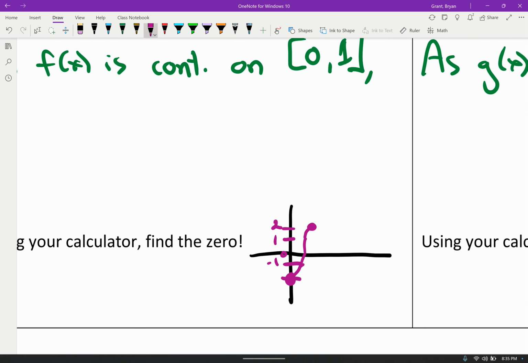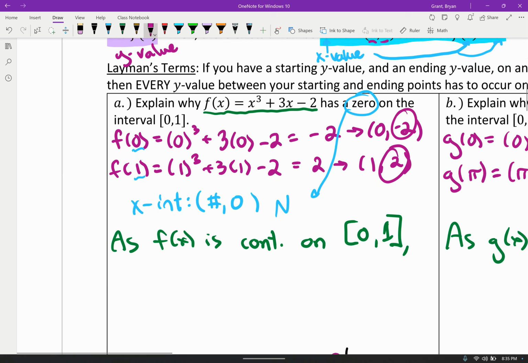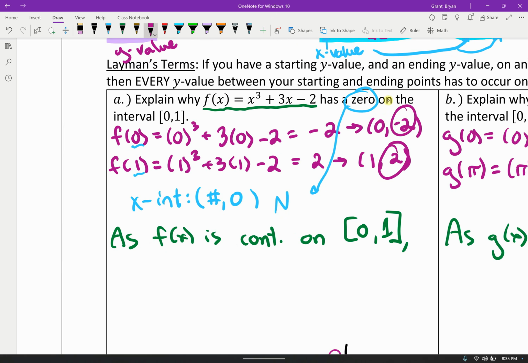In fact, what we're saying is if you start at a y value of negative 2 and you end at a y value of positive 2, do I have to cross through all the other y values between those on the way from the beginning to the end? I certainly do. And this question is saying that does there have to be a y value of 0? And visually, without even a graph, we can see that.